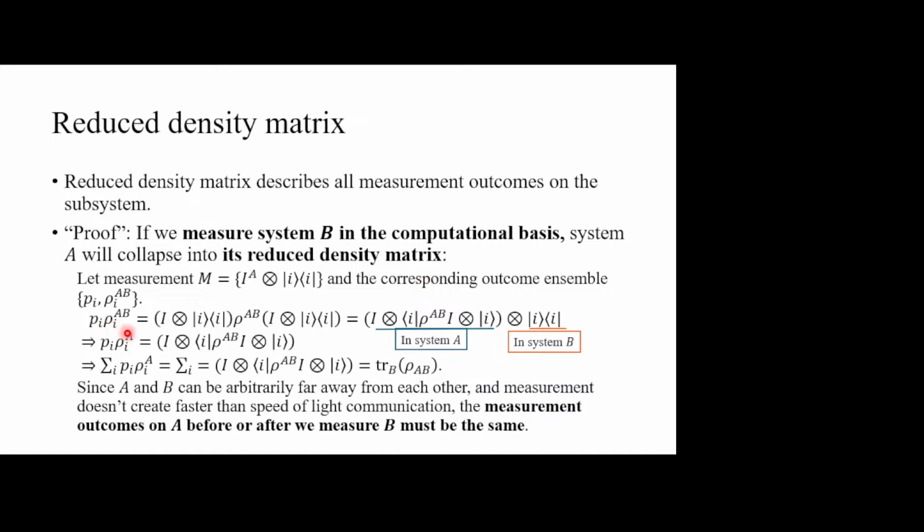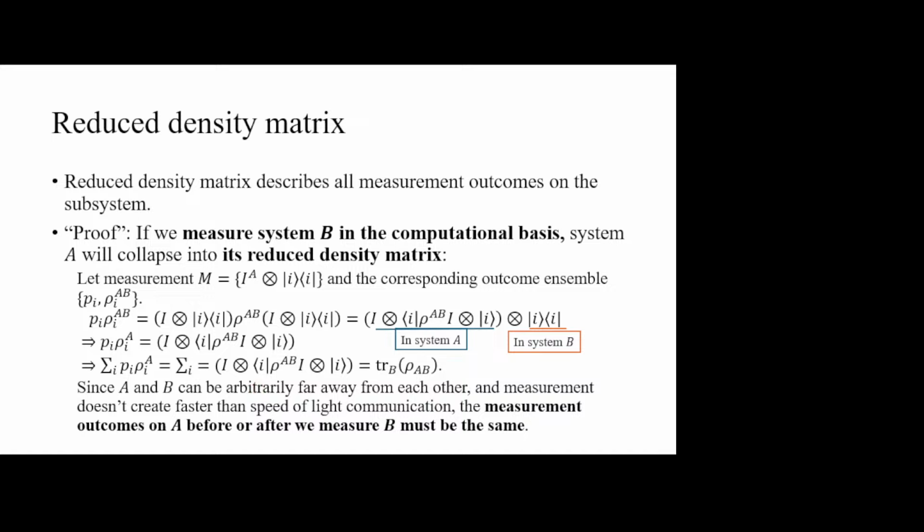And so the math is here. We do a computational basis measurement on B. So the measurement operators are identity on A, tensor those computational basis projectors. Let's skip the math a little bit, and you see that the end result is that the density matrix on A is the summation over i of identity tensor |i><i| sandwiching your rho AB.